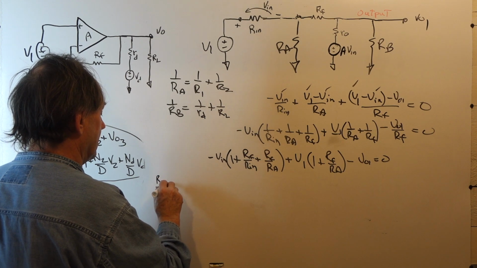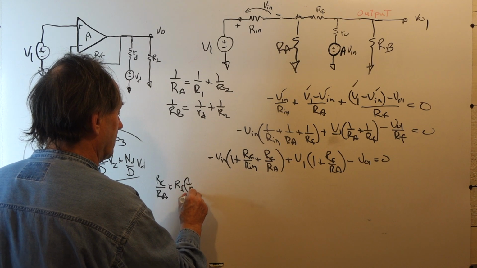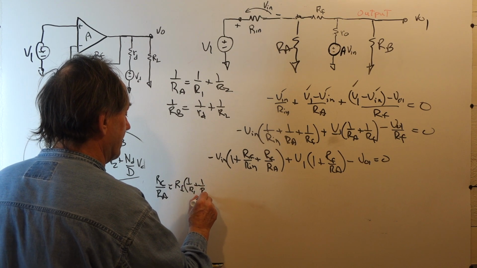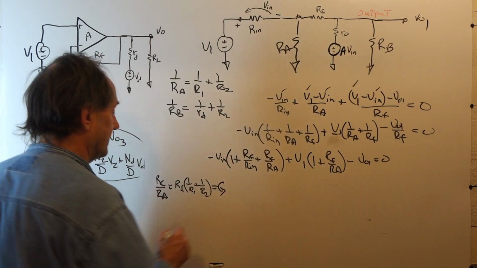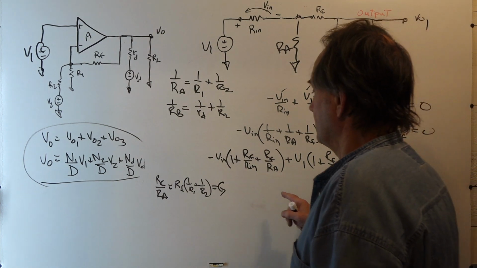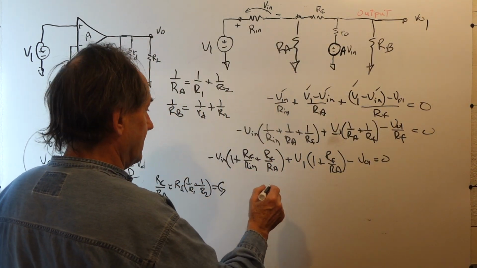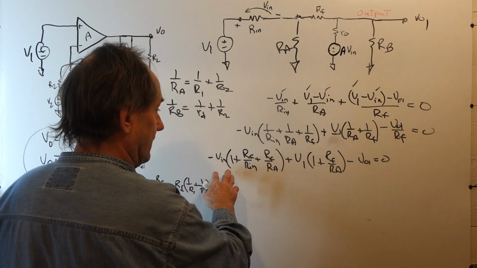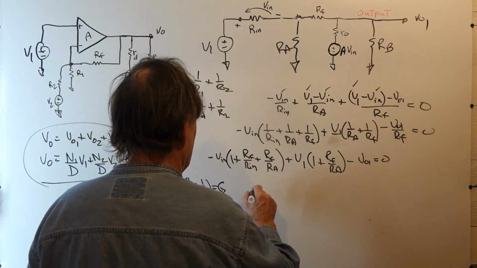Now, since 1 over RA is 1 over R1 plus 1 over R2, then RF divided by RA is RF times 1 over R1 plus 1 over R2. And remember from before, we defined this to be G, our inverting gain. So I can replace this in the following manner. I'm going to move this over to the right hand side.